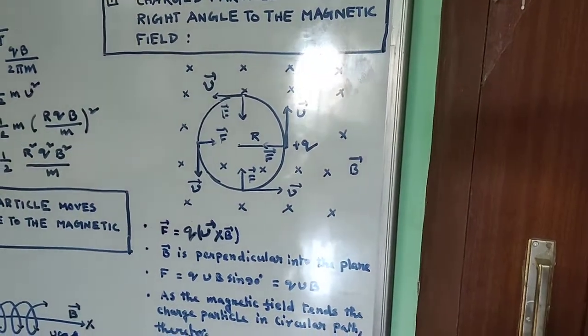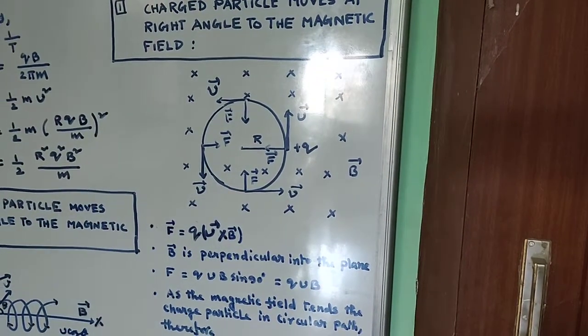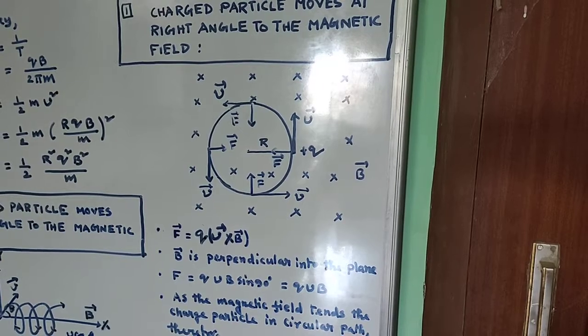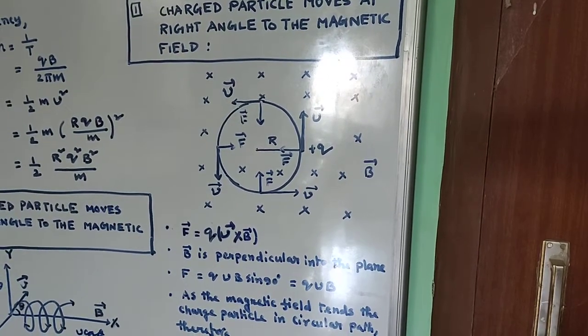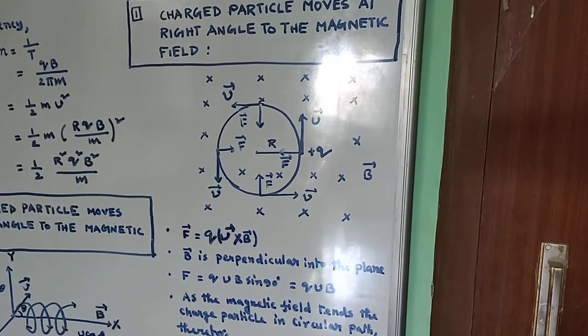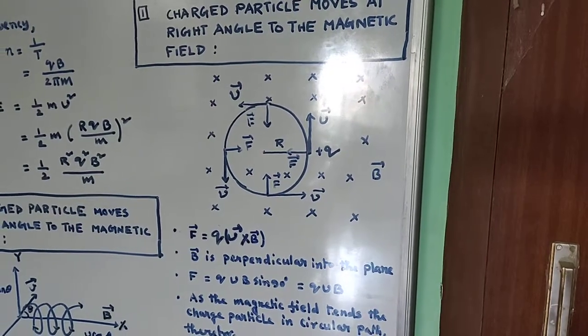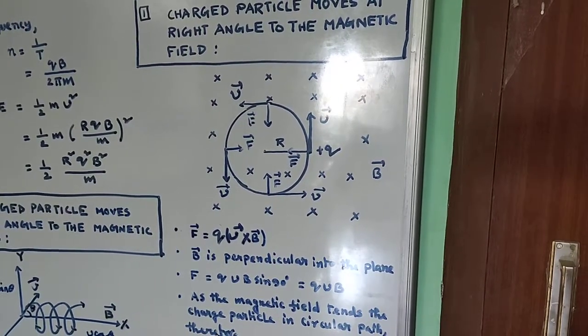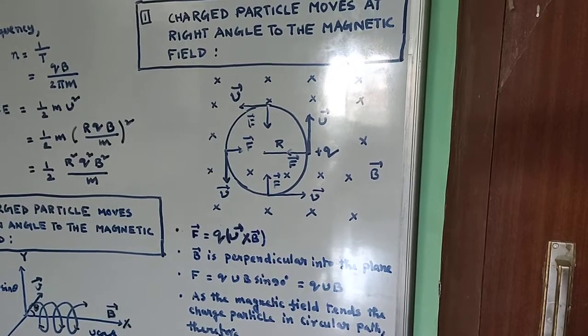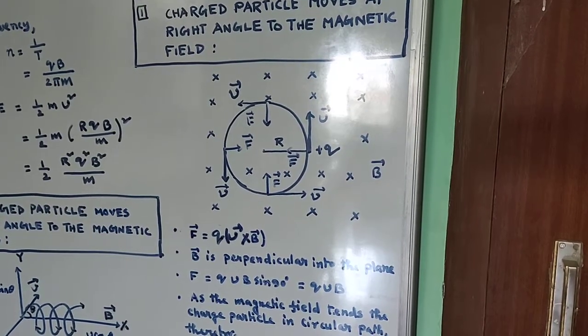As the force is perpendicular to the direction of velocity and is towards the center of the circular path described by the charged particle, definitely a centripetal force comes out.